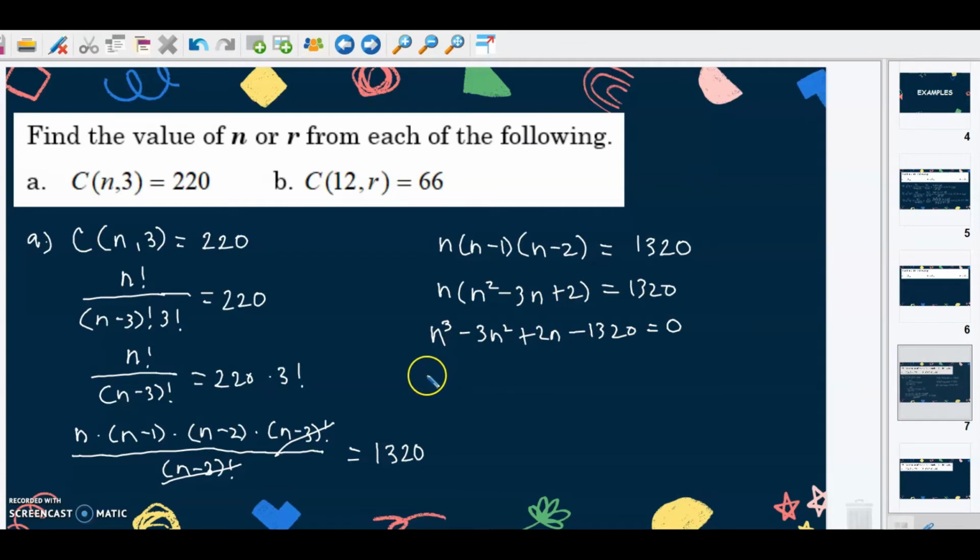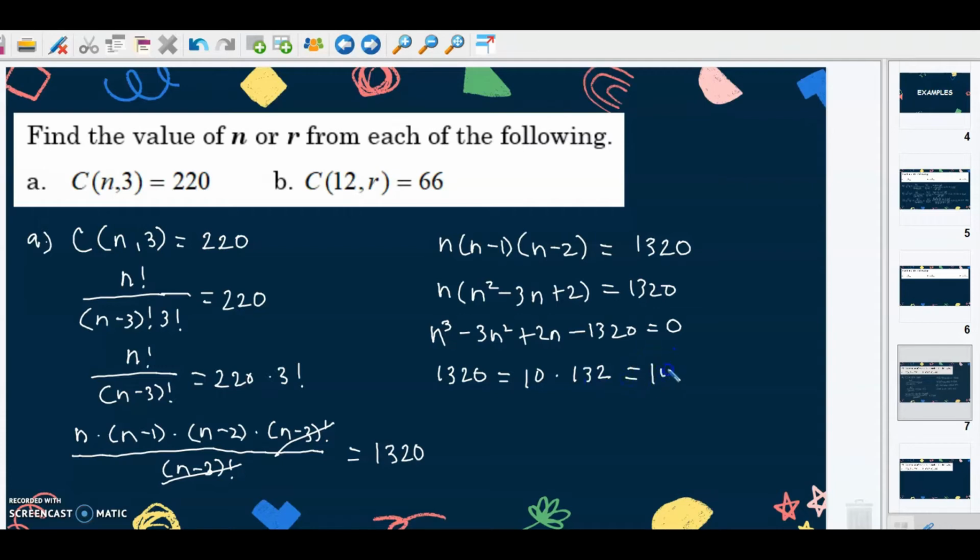So in this case, what I would do is, of course, I'm going to consider the constant term, which is 1,320, and identify the factors of 1,320. So 1,320 has a factor of 10 times 132. We can further simplify 132.